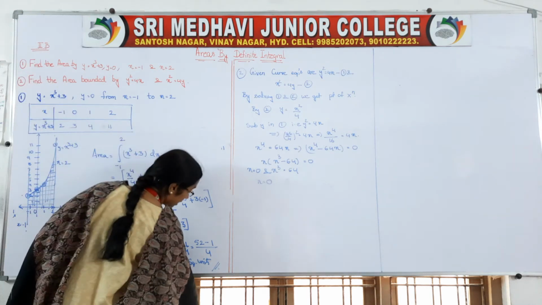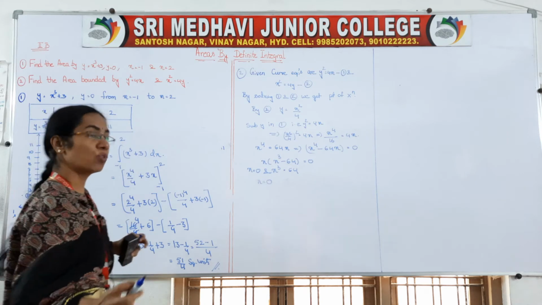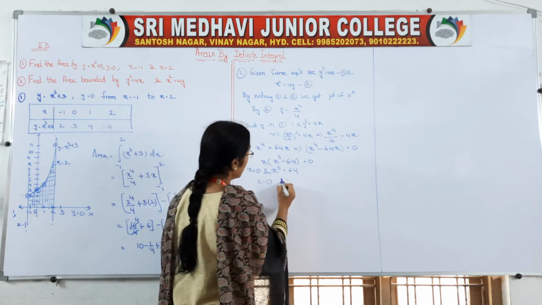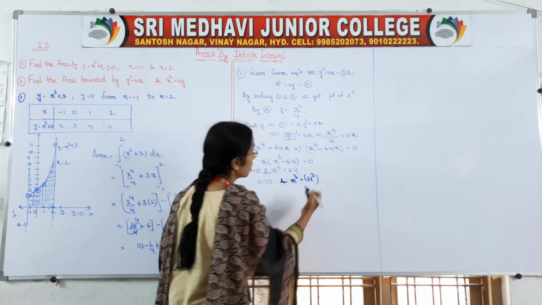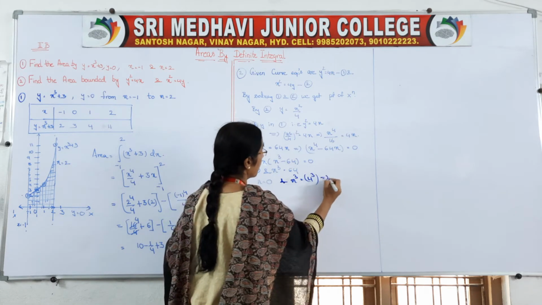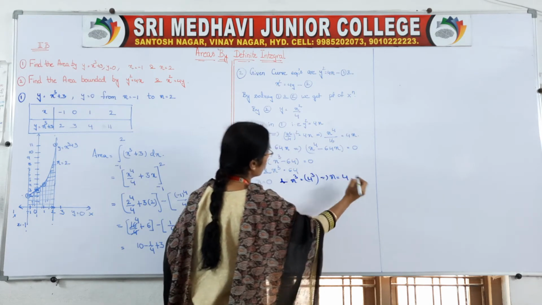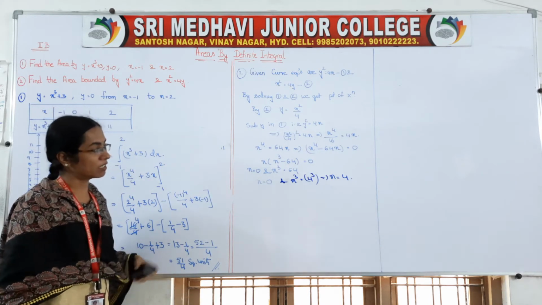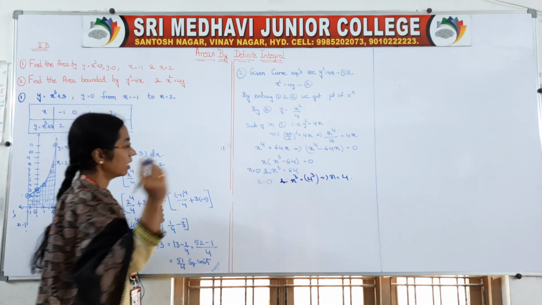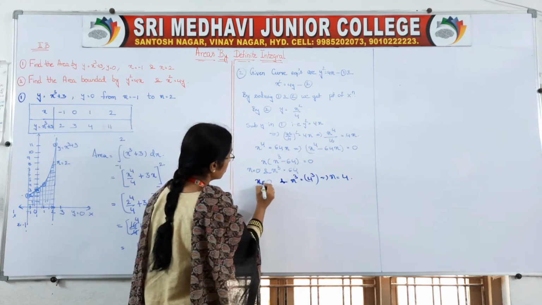So we can write 64 as 4 cube, and x cube is equal to 4 cube. So this implies x is equal to 4. Okay, so we got the limits: 0 to 4 are the limits, x is equal to 0 to 4.